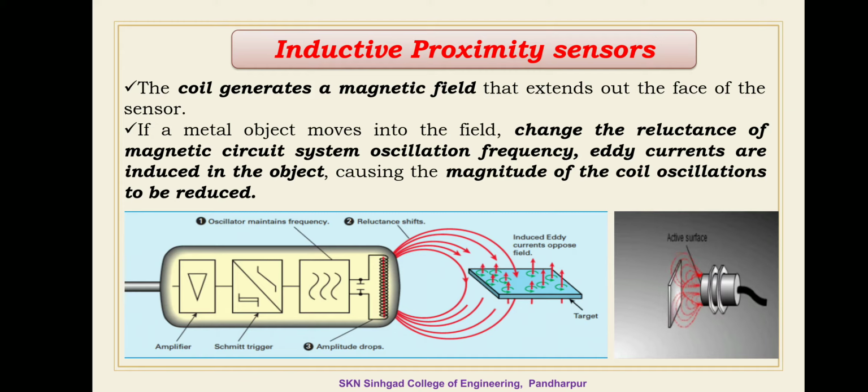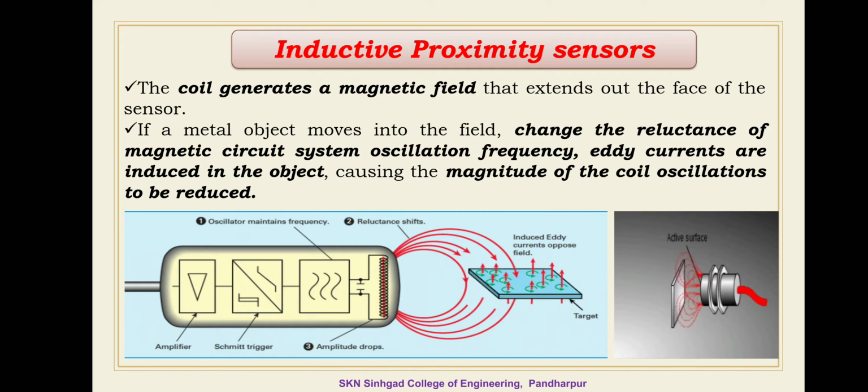Consequently, these currents result in the loss of energy in the oscillator circuit, which causes a smaller voltage of oscillation. The detector circuit recognizes a change in the amplitude and generates a signal that results in an output.